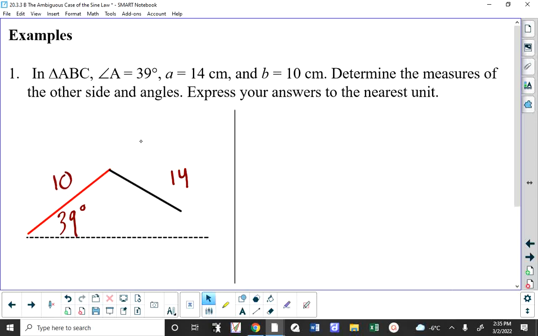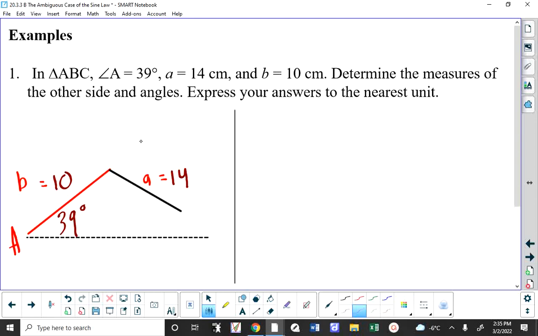Are you with me on the setup? Angle A, side A, side B. I think it's pretty clear here we're going to get at least one triangle, right? But let me just give you the general idea first.